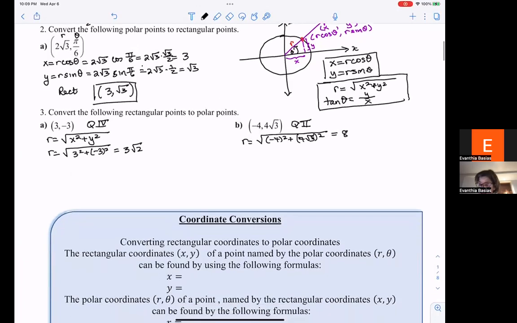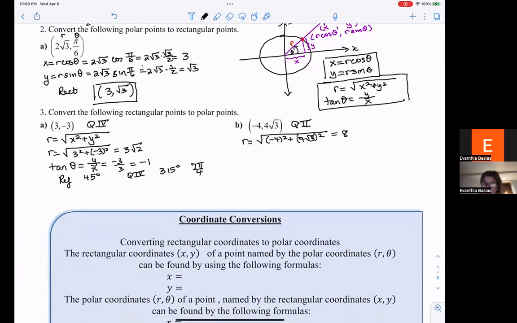To get theta, we use the tangent ratio. Tan theta is equal to y over x. So that is -3 over 3, which is -1. So the reference angle here is 45 degrees, but in quadrant 4, it would be 315 degrees, which is equivalent to 7 pi over 4.